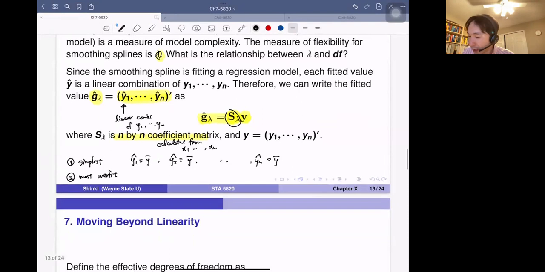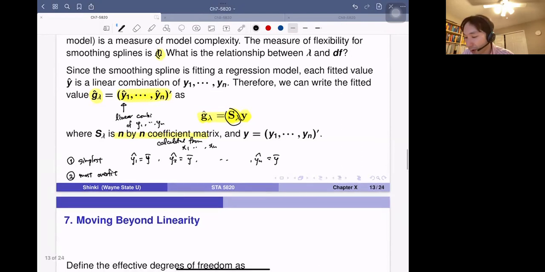In this case, y1 hat is just 1/n times the summation of yi, right? So y1 affects y1 hat only with the coefficient of 1/n. We have n observations, so of course the value of y1 should matter more for y1 hat, but here it is just 1/n times y1. So each yi hat has yi on the right hand side, but the coefficient is always 1/n.